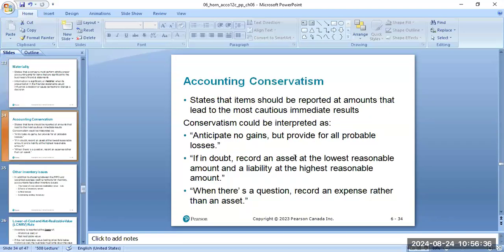Accounting conservatism. Accounting conservatism states that all the items on the financial statement should be reported at the amount that leads to the most cautious immediate result. How can we interpret this?